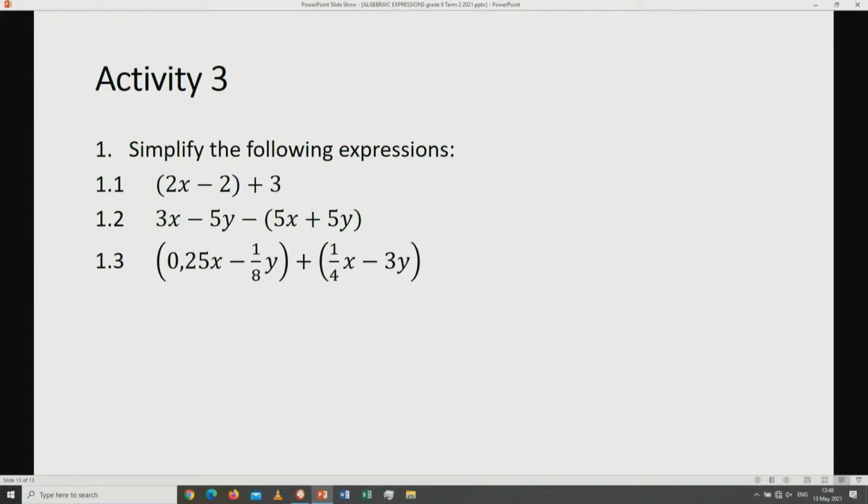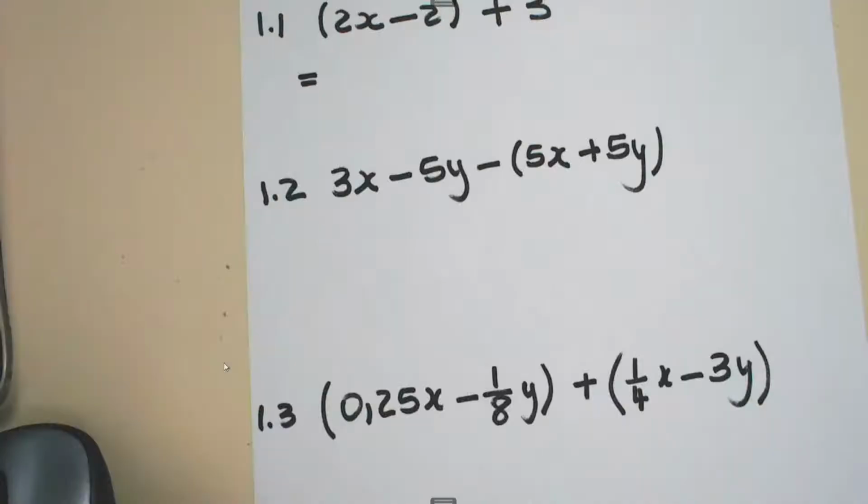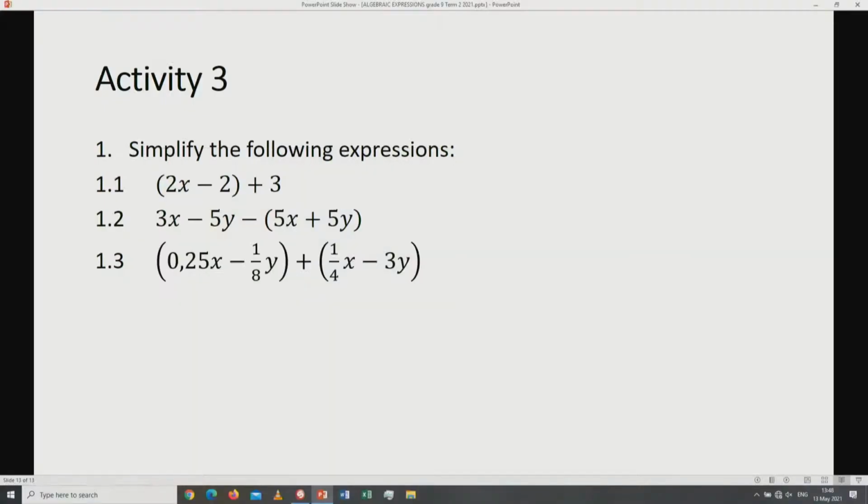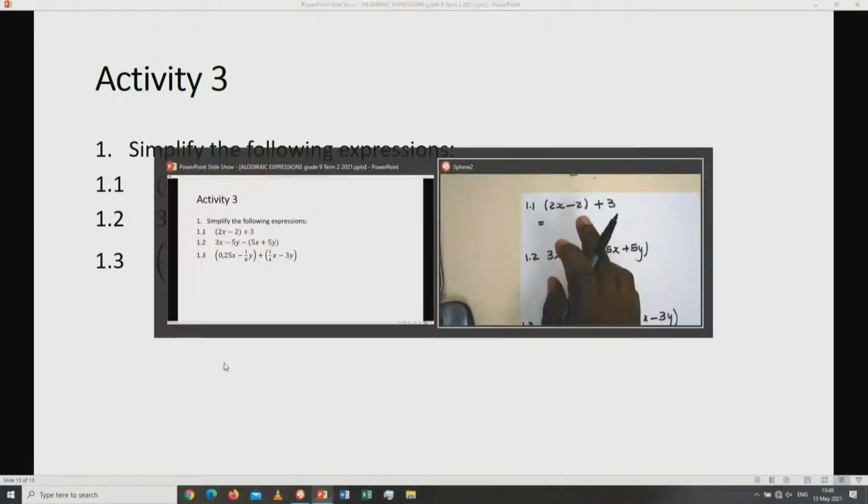All right, let us welcome back. So remember, in this case, we are just supposed to simplify this. When you simplify, you are removing the brackets and adding the like terms. All right. So let's check now. At 1.1, we had 2x minus 2 plus 3.